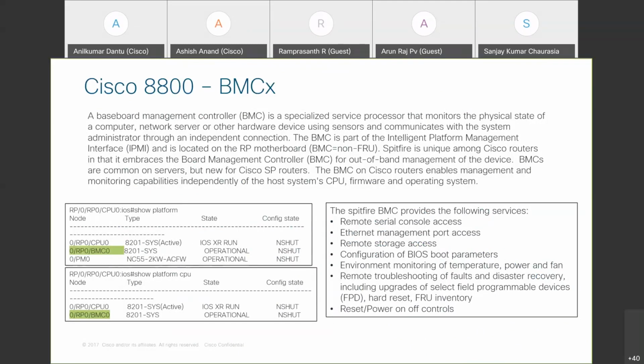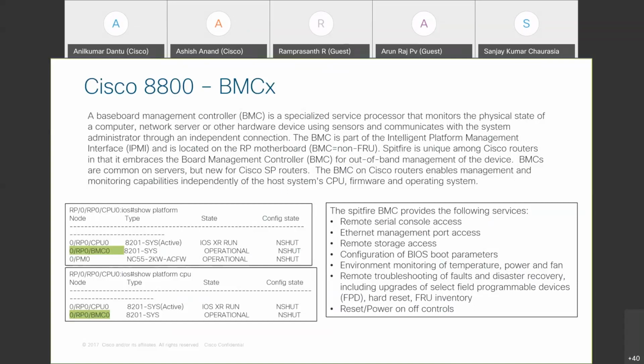This concept of BMC actually came to the routers from the server world. A typical data center customer, how do they monitor their servers or control them? They typically do it using the BMC interface. They monitor the chassis environment, the fans, and other environmental readings using the BMC connection.